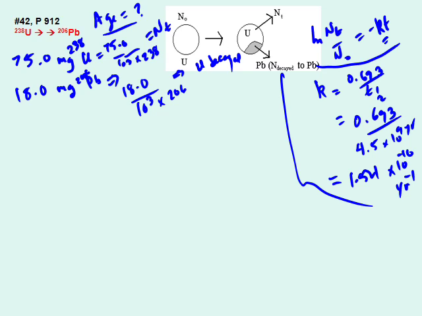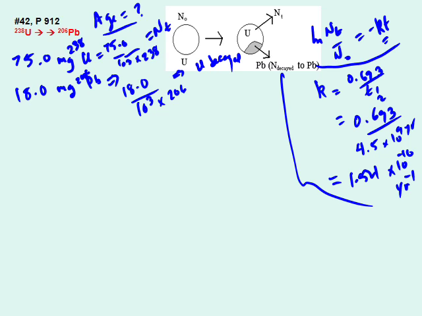Pictorially, we are showing you this. At the beginning, you had N0, which is 100% uranium. At the end, the decayed portion is shown with the dark segment of the circle, and the rest is the uranium, which is NT.